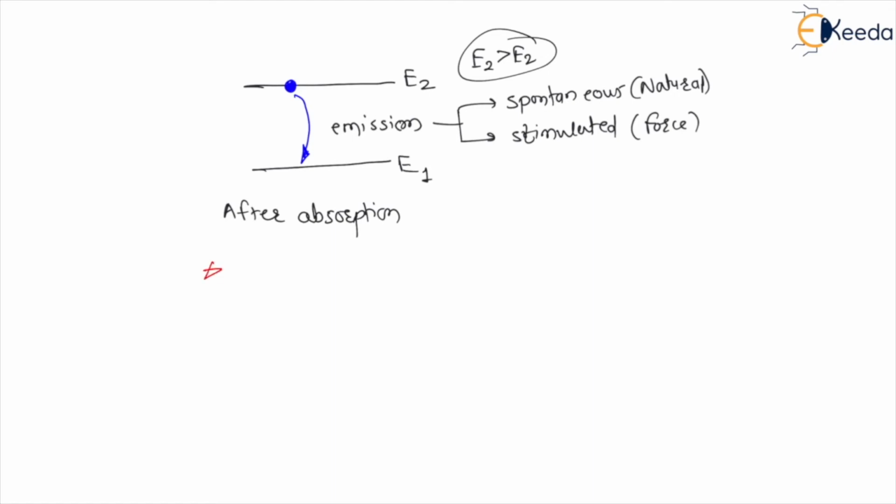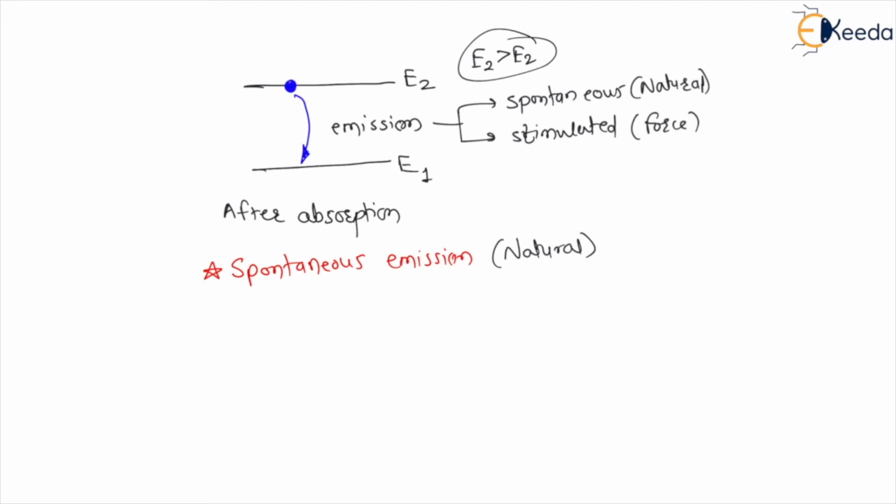Now let us understand spontaneous emission first. In spontaneous emission, this is a natural process, meaning without any external force, this electron, because of the energy difference or excess energy, will travel from the high energy to the low energy. As this electron is in the higher energy level, it will get excited to travel towards the lower energy.